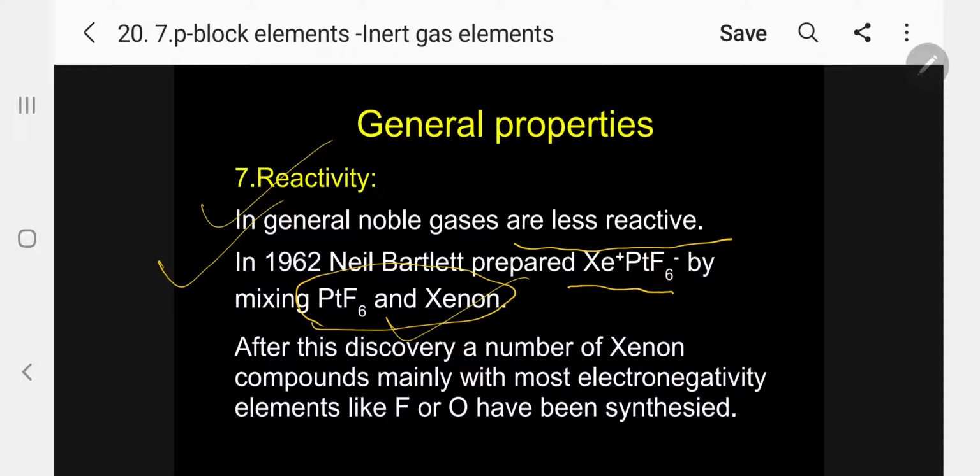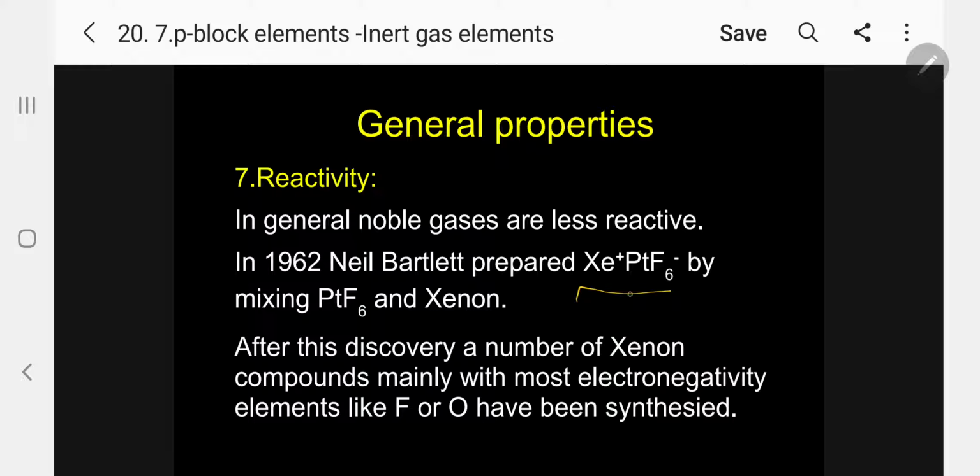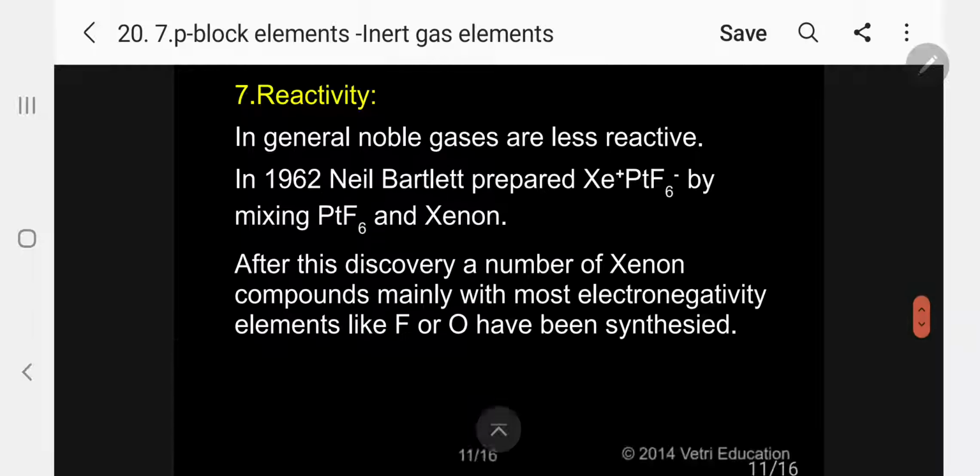After this discovery, a number of xenon compounds, mainly with the most electronegative elements like fluorine or oxygen, have been synthesized. Please follow. A question can be asked: the first inert gas compound discovered, the year or the name of the person, please remember.